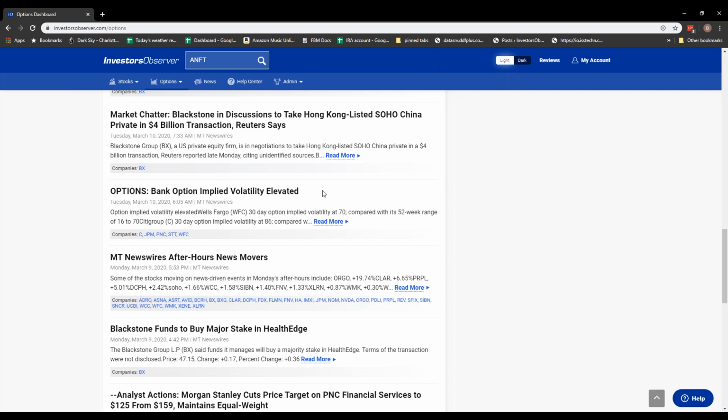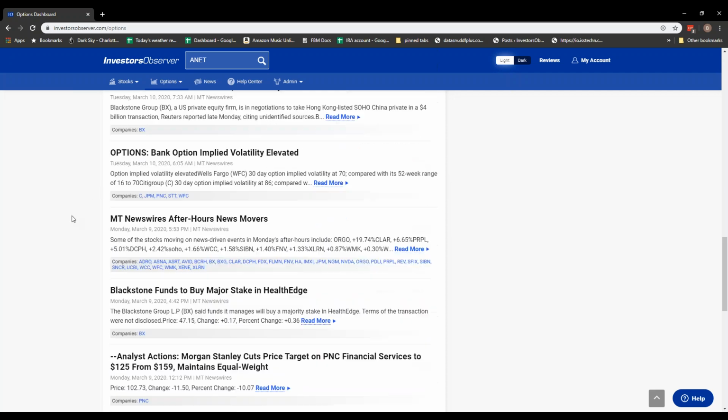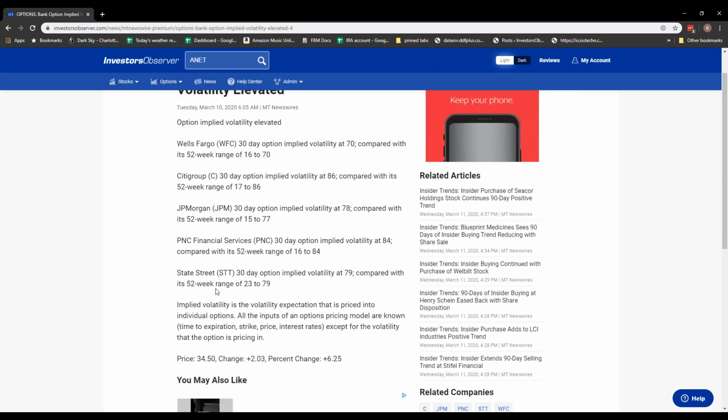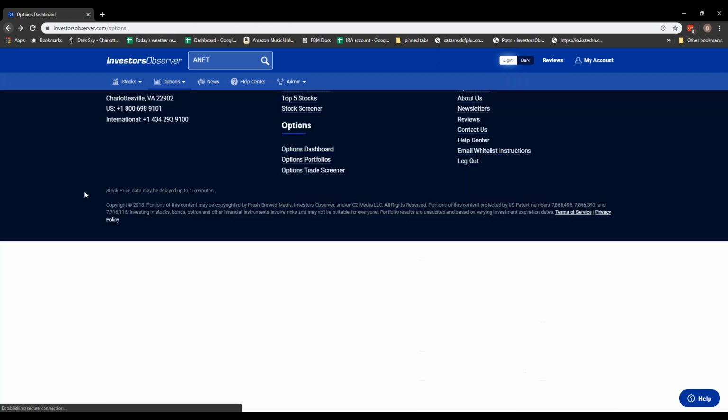But our news provider, MT Newswires, does periodically move some option stories, and they'll give you these things as they change.